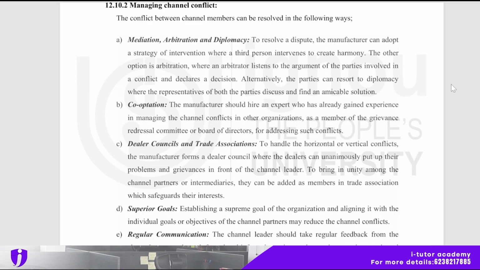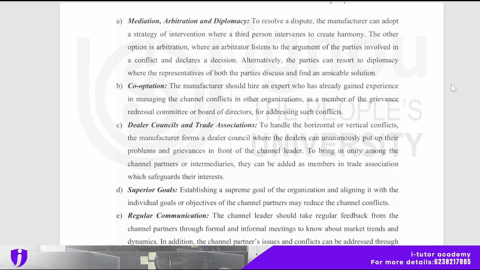The other option is arbitration, where an arbitrator listens to the arguments of the parties involved in conflict and declares a decision. Co-optation: the manufacturer should hire an expert who has already gained experience in managing channel conflict in other organizations as a member of the grievance redressal committee or board of directors for addressing such conflicts.